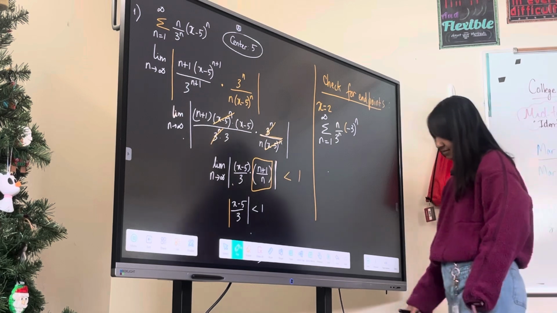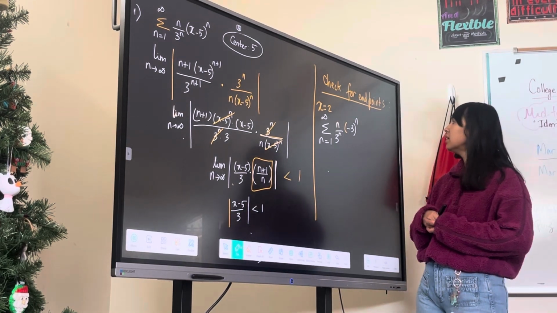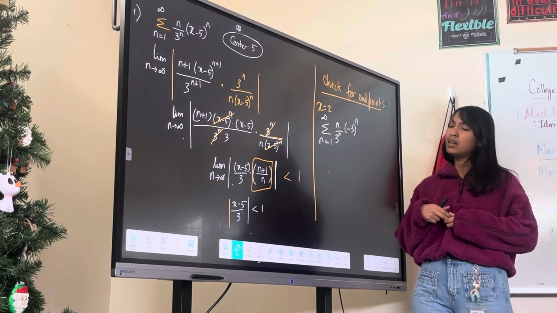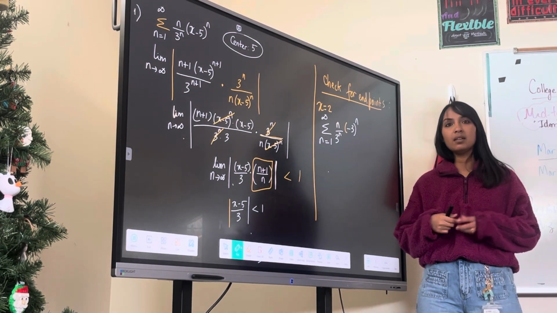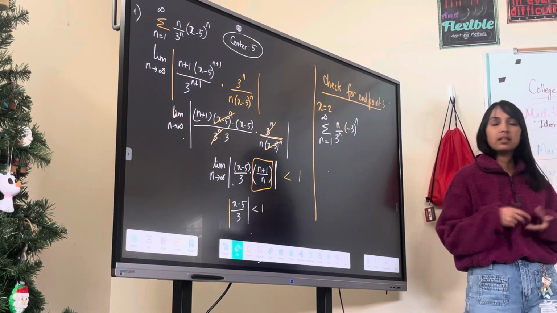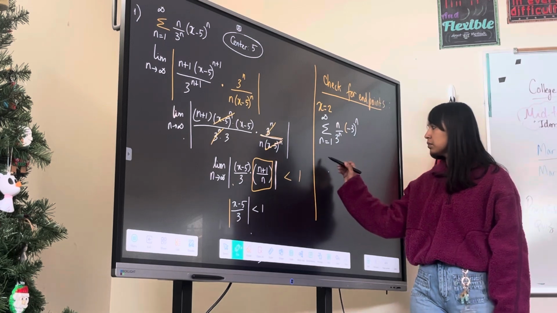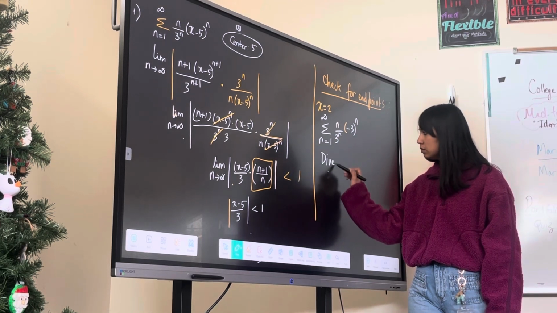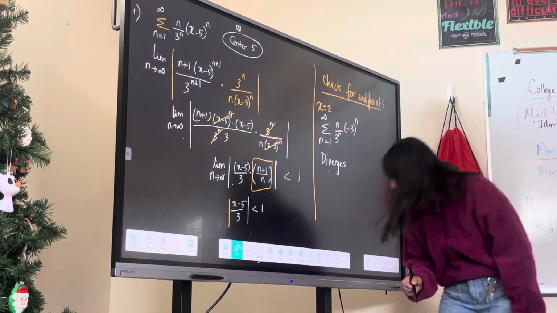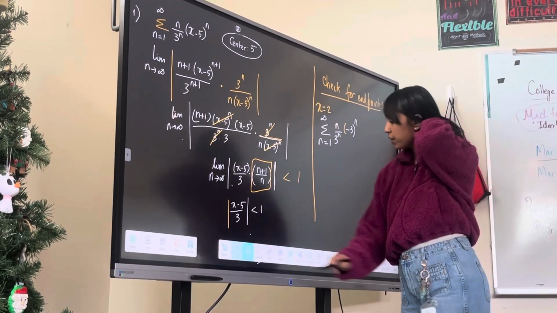Diverges. How do you know? Because it's geometric and alternating. When it alternates, it's going to diverge. I think I kind of simplified this actually. If you don't see it right away, you simplify it as well.